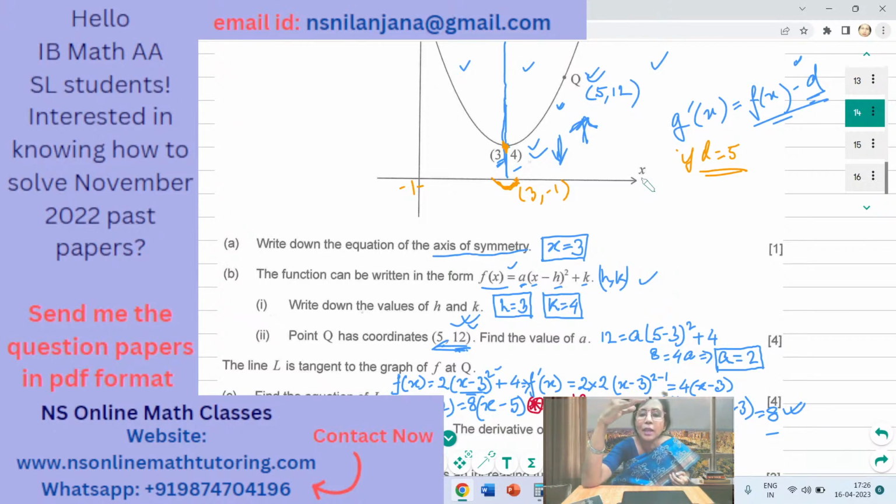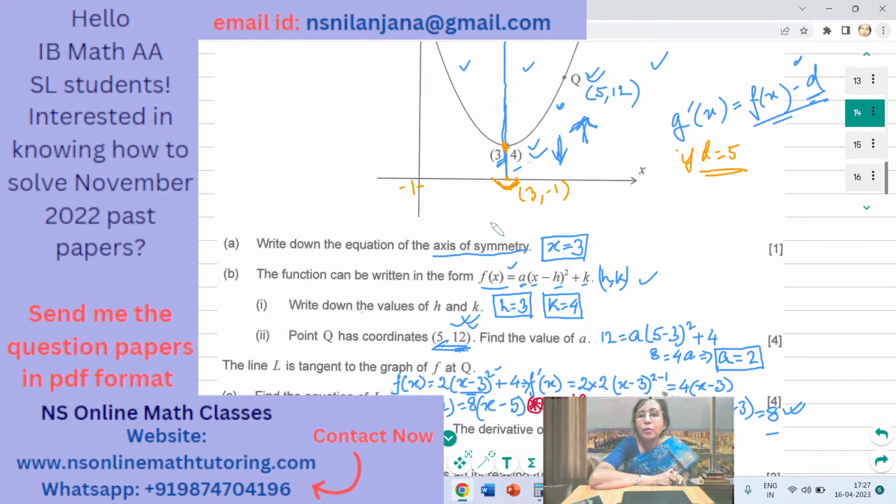So in order to keep the parabola above the x-axis, what should be done? We can allow d to have negative values. There's no restriction. But what about the positive values? We can allow d to have any positive value less than 4 because if d is equal to 4, it is coming to this point. The parabola will be meeting the x-axis. It will be equal to 0. g dash x will be equal to 0.